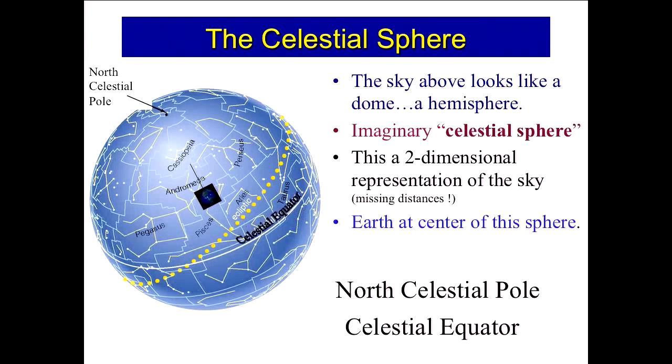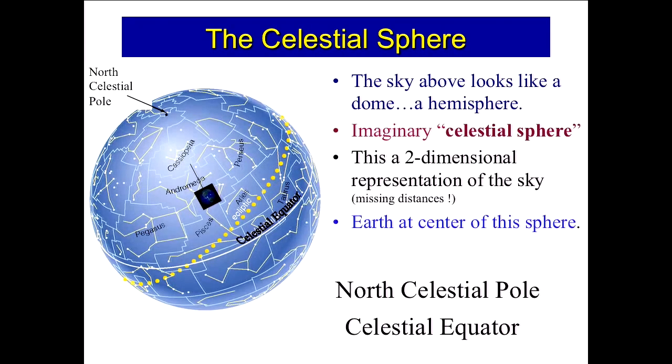There's also a celestial equator. It's this thing here. What is the celestial equator? Well, it's the Earth's equator projected out to infinity, extended out as if you could take the Earth's equator and just make that hula hoop larger and larger and larger until it extends out to the stars.